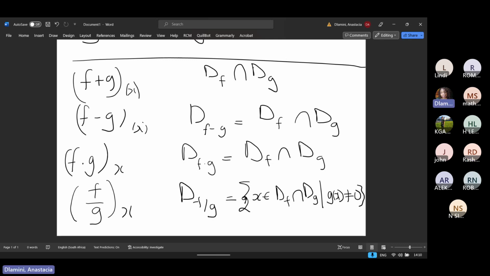So you need to remember this table, which is the algebra of functions, on page 210. Are we all okay up to that point?